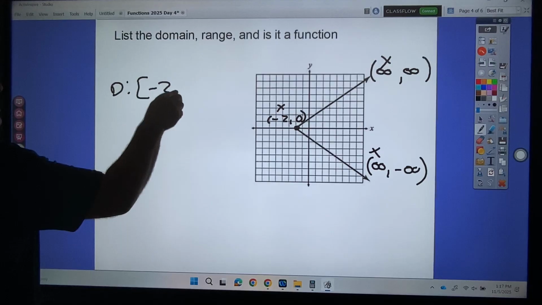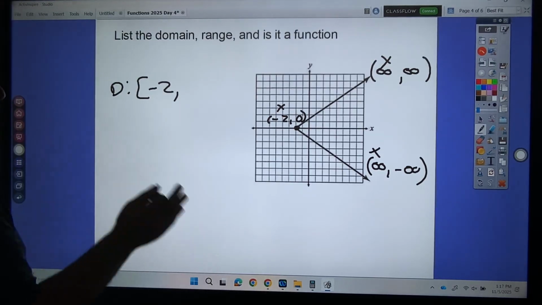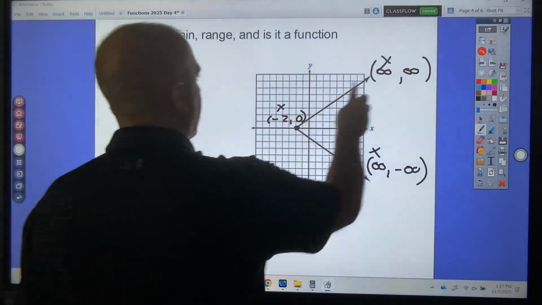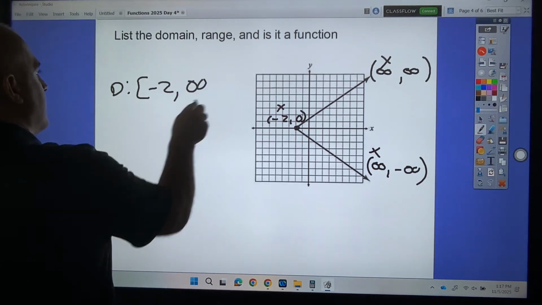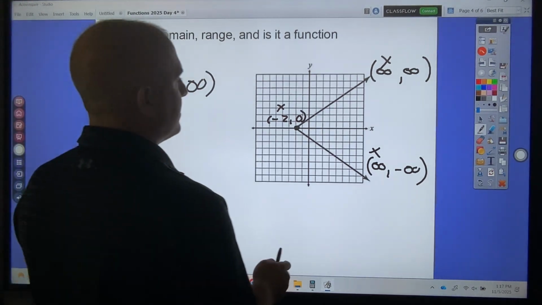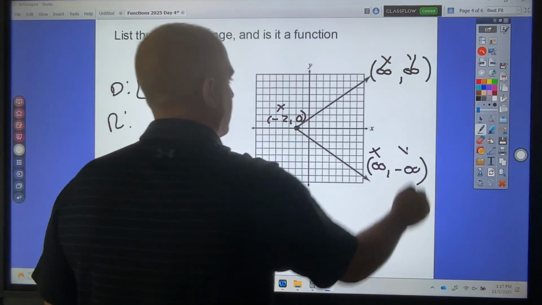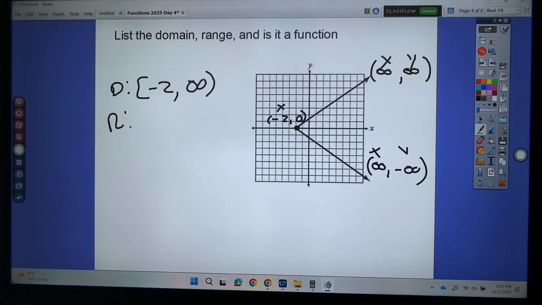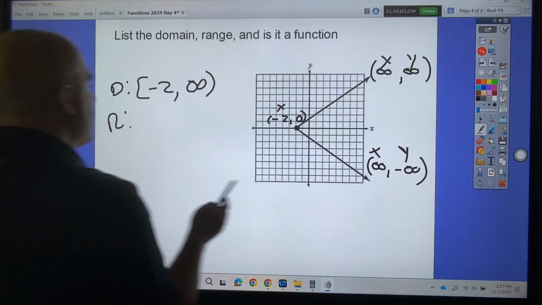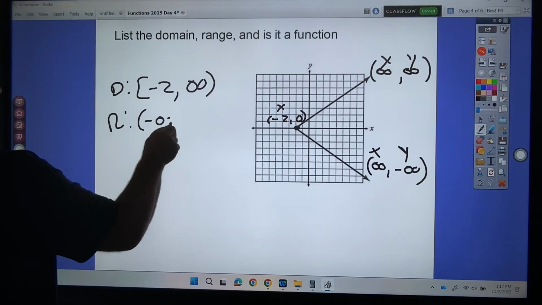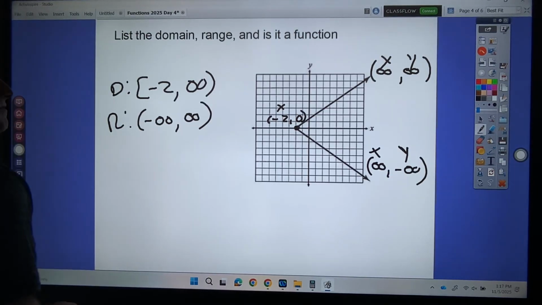Now, somebody said, Mr. Evans, how did you know that was closed? It's always closed unless they draw it open. The biggest x value is positive infinity. My range, my smallest y value here is -infinity, and my biggest y value is positive infinity.